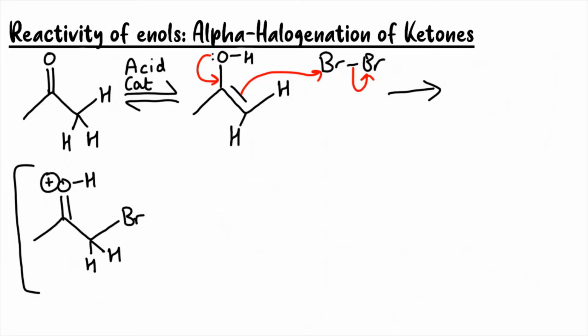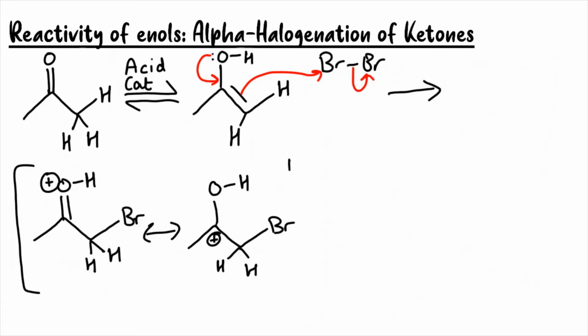So the first resonance form has the positive charge on the oxygen, and the second has the positive charge on the carbon.